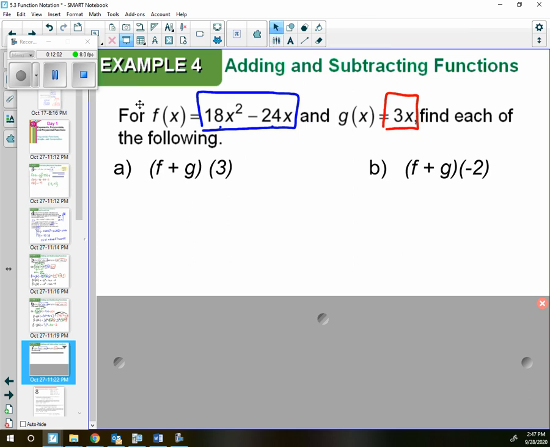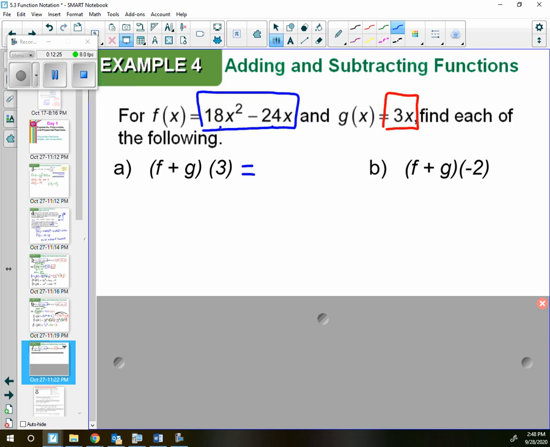All right, so they're going to ask you to do the same things that you were just doing before, but I'm curious if you can tell the difference in these questions. Instead of f plus g of x, it says f plus g of 3 for the first one and then negative 2 for the second one. What does that mean? Well, it means they just want you to evaluate each of those functions at 3 and then add.